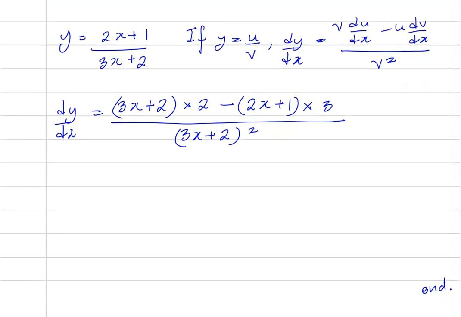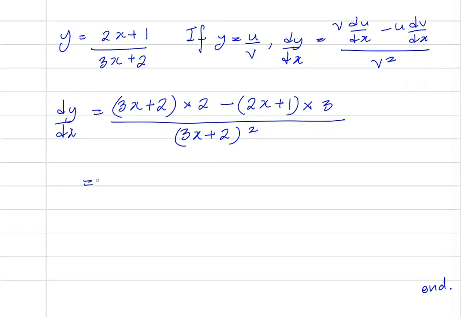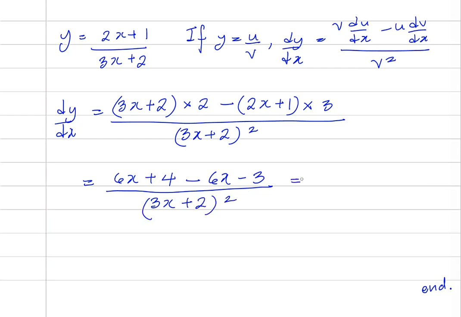Let's simplify the numerator. Distributive law, we have 6x plus 4, and to the right we have minus 6x minus 3, and this is all over 3x plus 2 all squared, which is equal to, 6x minus 6x goes, and 4 minus 3 is 1, over 3x plus 2 all squared, which is equal to a over 3x plus 2 all squared.